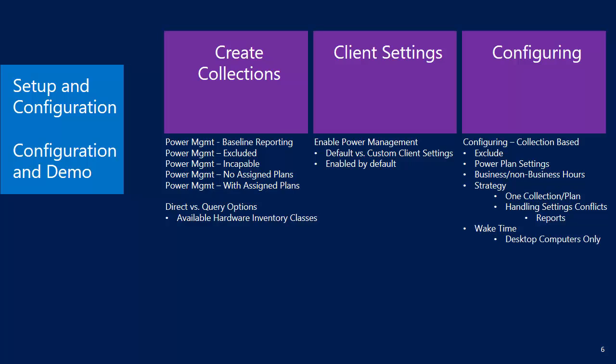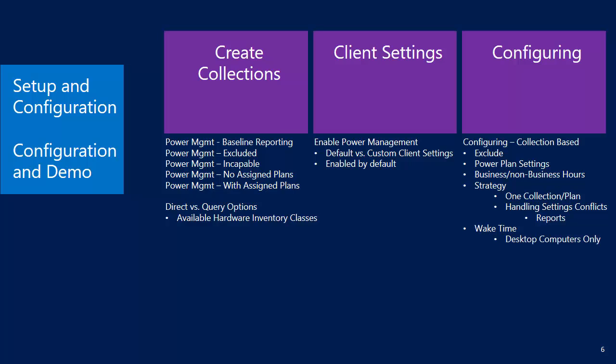But turning it on in the collections doesn't really implement it, which is interesting, right? Because that's why in the default client settings, power management is in fact enabled, right? So if you choose to enable power management for your entire enterprise, then that's great. You already have it turned on, and the clients are capable of participating in power management.